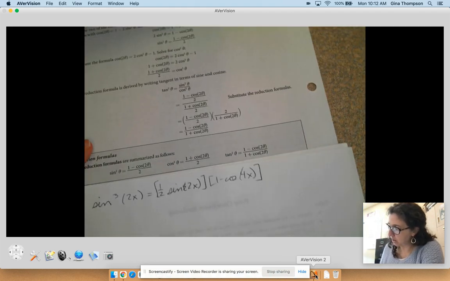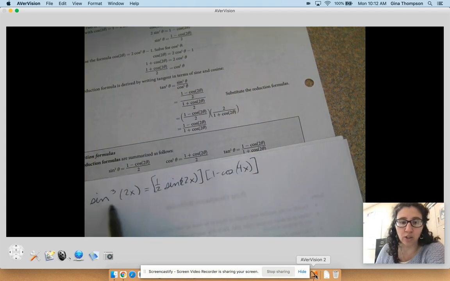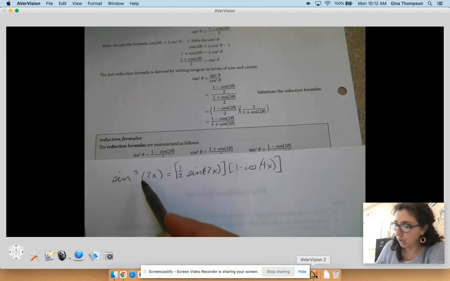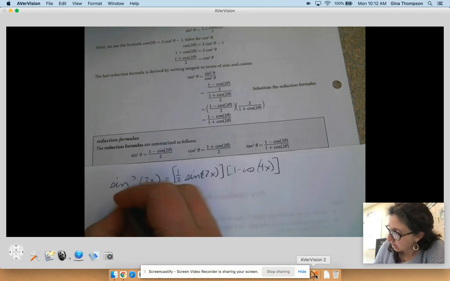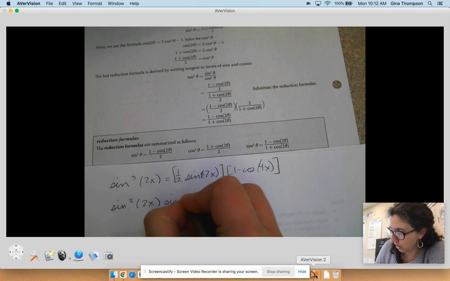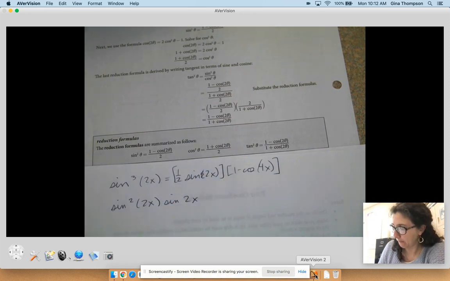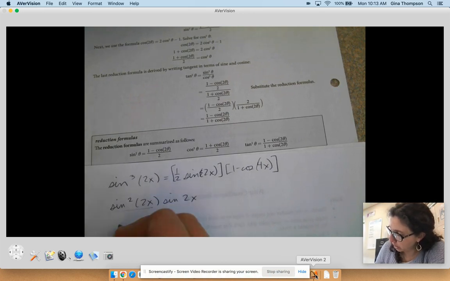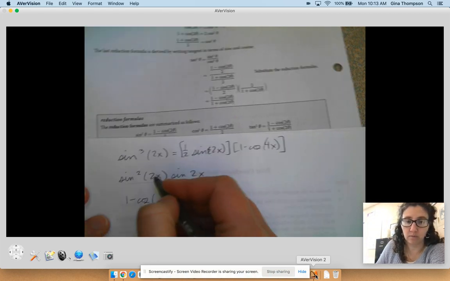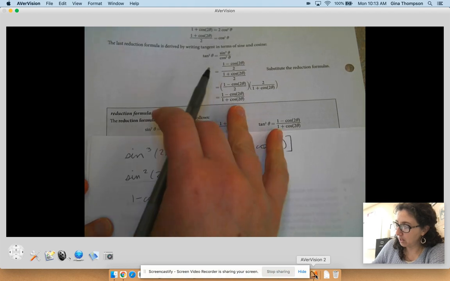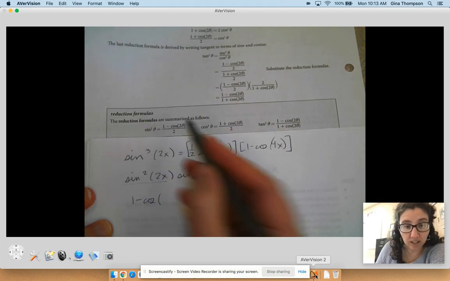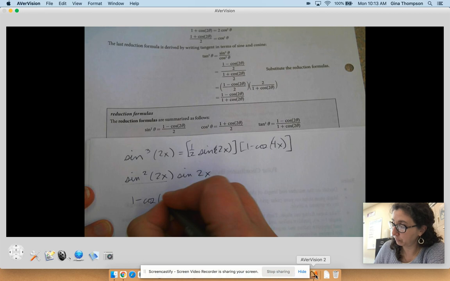The power reducing formula for sine, because here I've got a sine cubed. I don't have a sine squared, but I could write this as sine squared of 2x times sine of 2x. Sine squared of 2x is going to be this thing here. So I'm going to replace this with 1 minus cosine of what? What's my theta? My theta is 2x, so cosine of 2 theta is 4x.